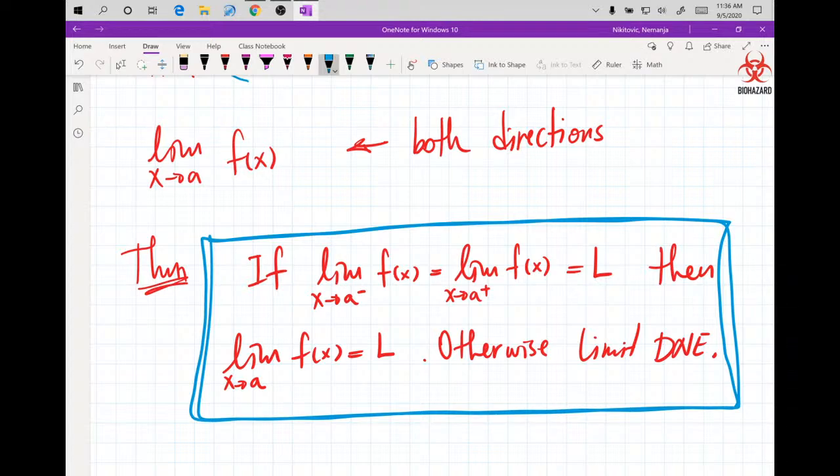So, limit exists only when the left limit equals the right limit, and it's always the same value. If the left limit is different than the right limit, then limit does not exist.